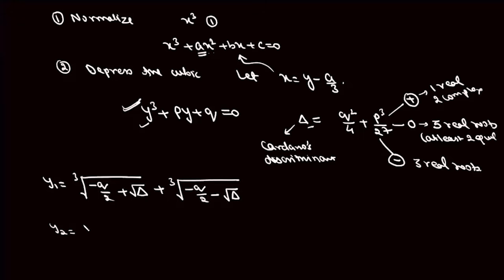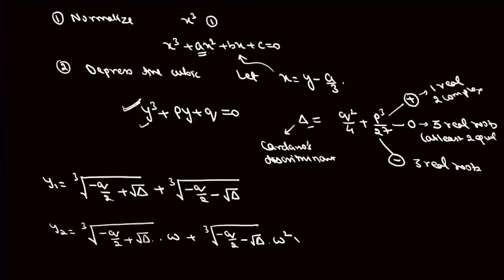The second root will be given by the cube root of minus q by 2 plus under root delta, into omega, which is the cube root of unity, plus this second part again, which is the cube root of minus q by 2 minus under root delta, into omega square, where omega and omega square are complex cube roots of unity.